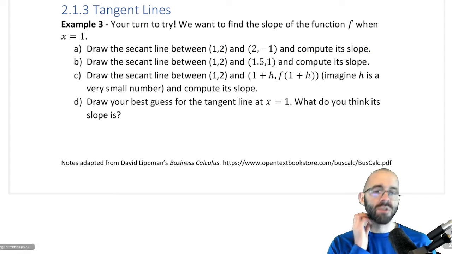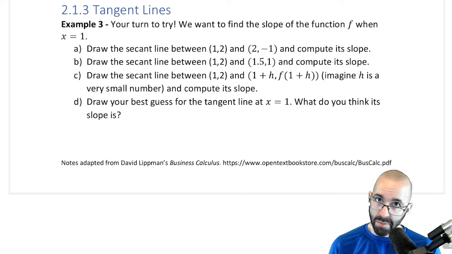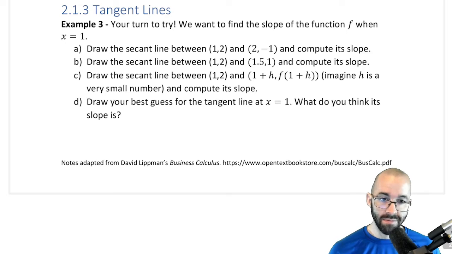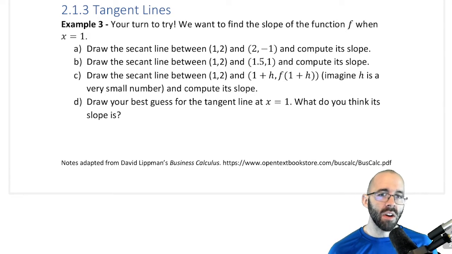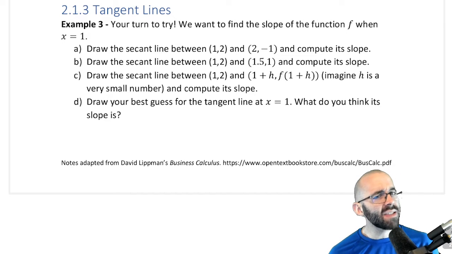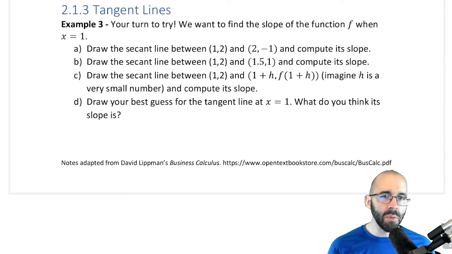Now, part C is interesting. Not saying that letters A and B weren't interesting, mind you. Part C says, draw the secant line between the same original starting point and now (1 + h, f(1 + h)). So here I want you to imagine that h is a very small number. So maybe we're adding 0.1.